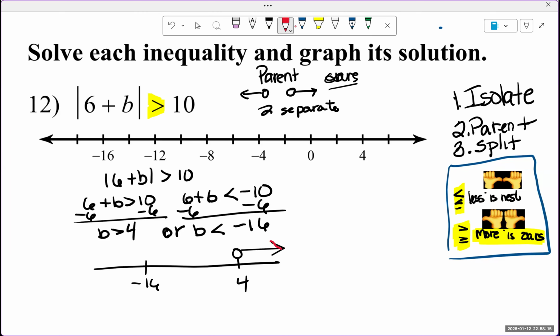Notice this sign matches that sign. Greater than 4, or now I want this sign to match this sign. Less than -16. Okay, so now let's put it up here. Greater than 4, less than -16. There you go. Less is nest, more is ors.